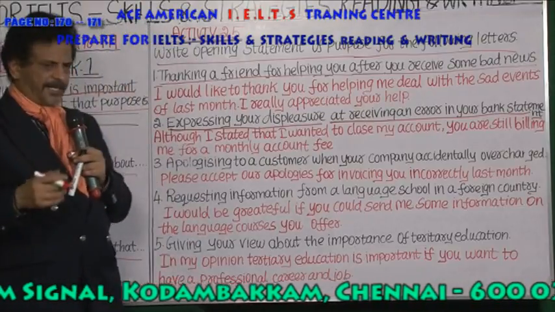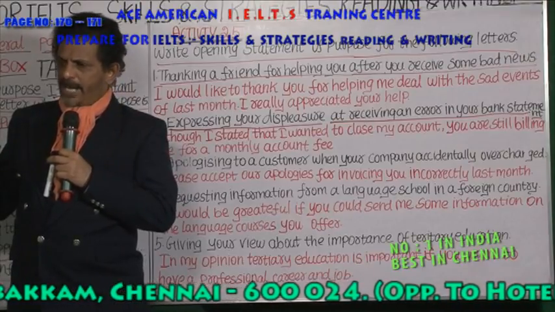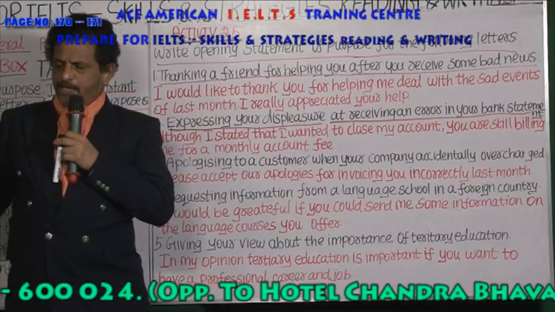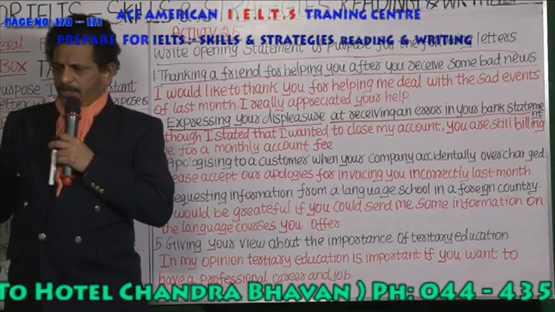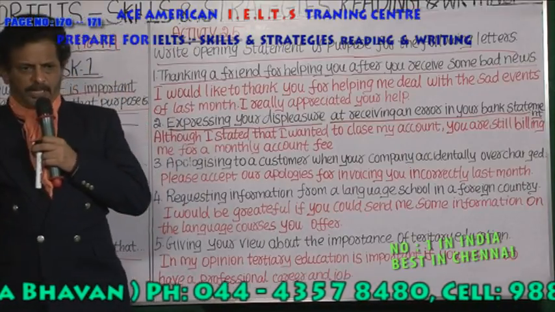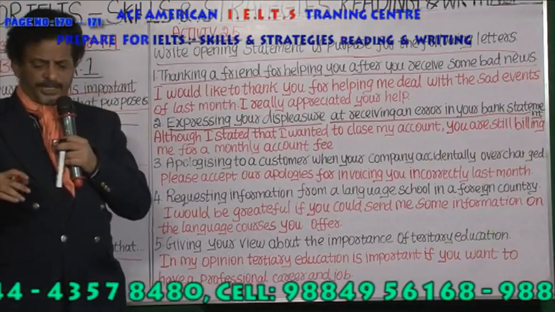You are not satisfied. You just want to tell the manager that you are not pleased. I'm not happy at all. I'm not happy about the mistakes which have been put into the account ledger, either debit or credit. It has been wrongly put in. So you want to show your displeasure.